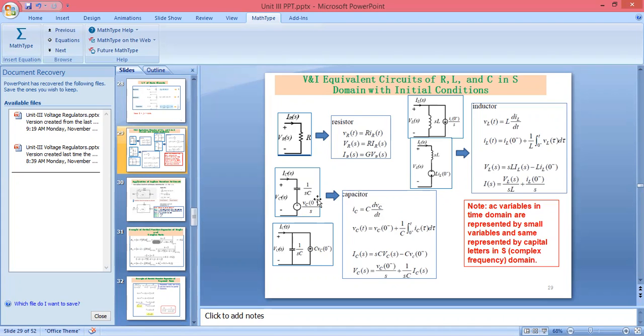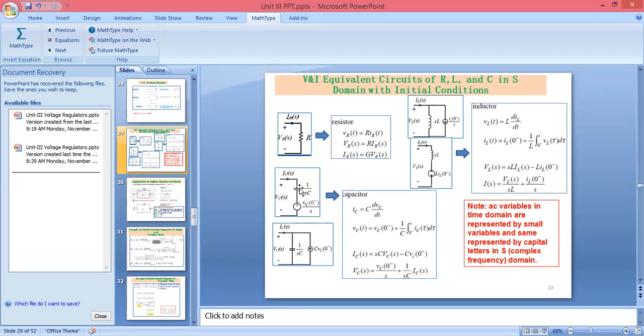If you take its Laplace transform, that will be in the form of VC 0 minus upon S. So now we are supposed to calculate voltage. You will get here VC 0 minus. Again, we know how you will get voltage across this capacitor.